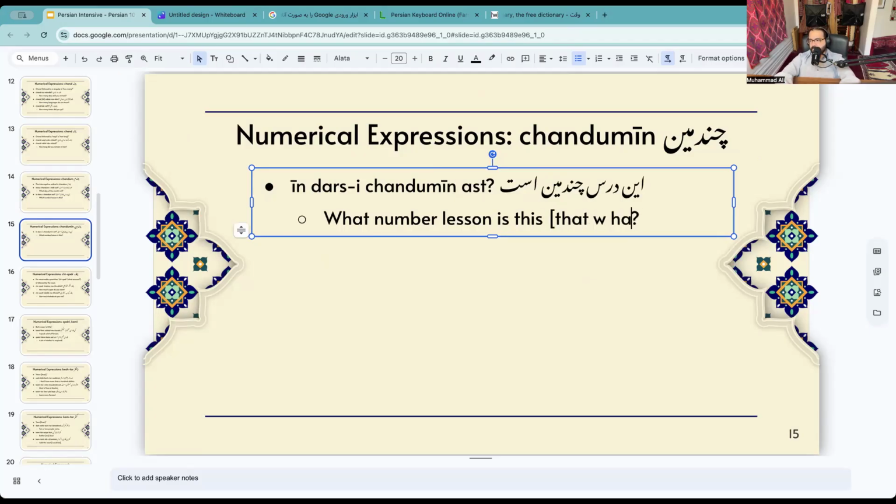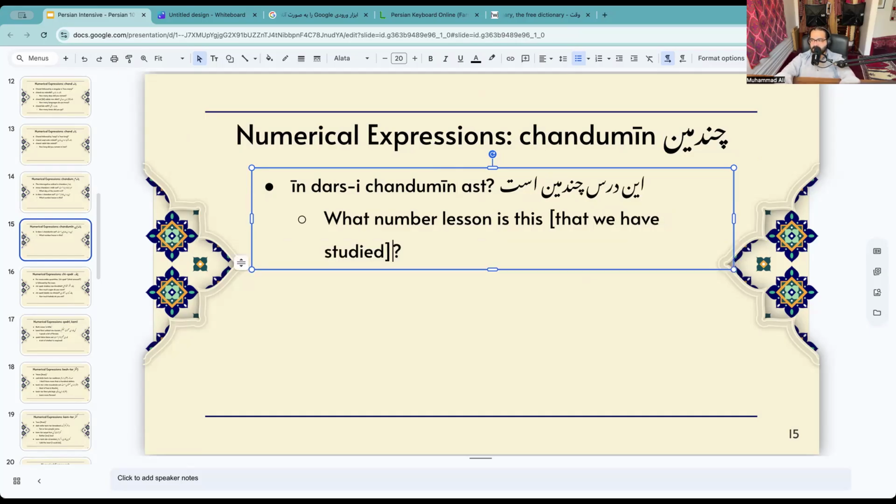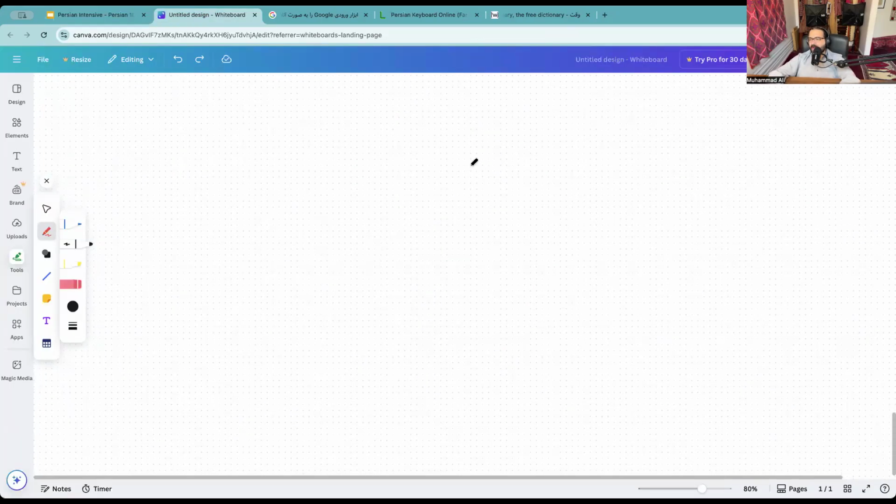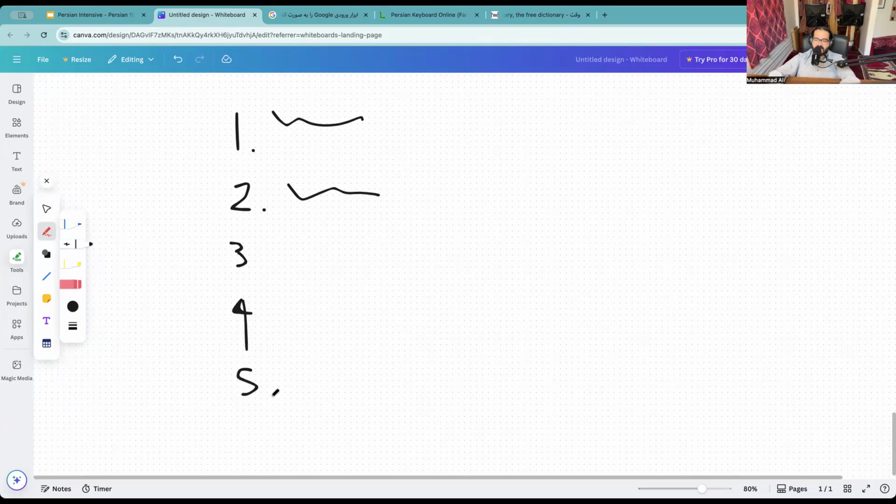I'm trying to explain this. It's really hard to capture the small nuance here. So imagine you have a book of Persian that we're studying. You have chapter 1, chapter 2, chapter 3, 4, 5, right? Now, this is kind of complicated.